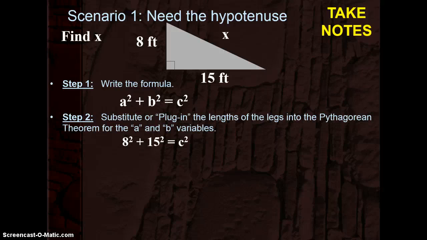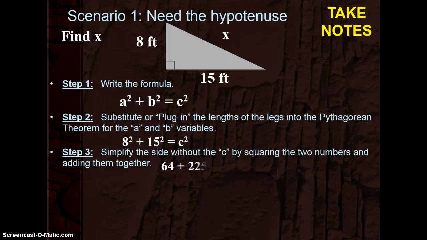Awesome. What's 15 squared? Good job. 225. So we're going to take 64 plus 225 to find their sum. What's 64 plus 225? Does anybody have that yet? Who said that?